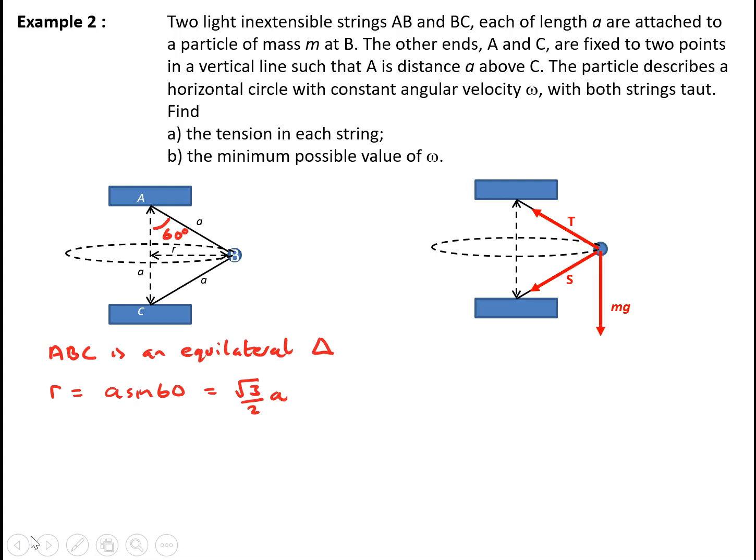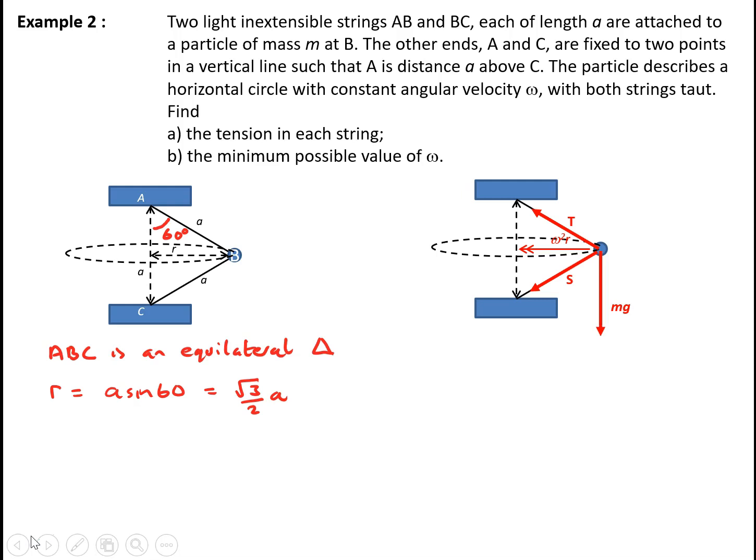There's no reason at all why the tension in the two strings should be the same, so we must be careful not to assume they're the same, and call them something different. So we've got T and S for the two tensions. Then we've got the acceleration towards the centre of the circle, which is of size omega squared r.